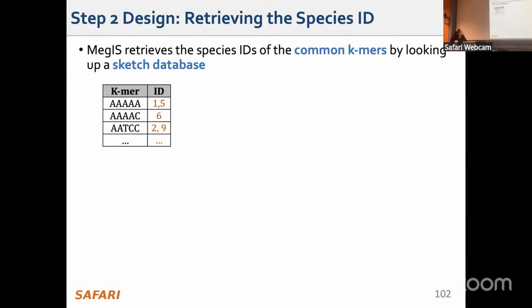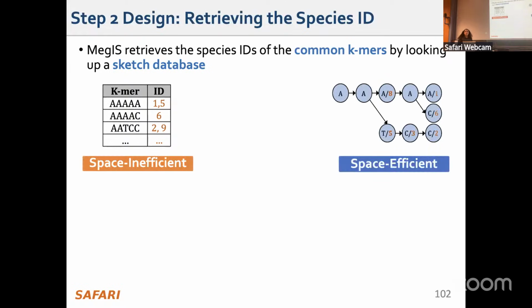So we can have then in our sketch database various k-mers and their IDs, right? But in reality, this takes a lot of space for us to be able to store all these sketches and their IDs. So what people have been doing in the community is to come up with more space-efficient ways to store this data.